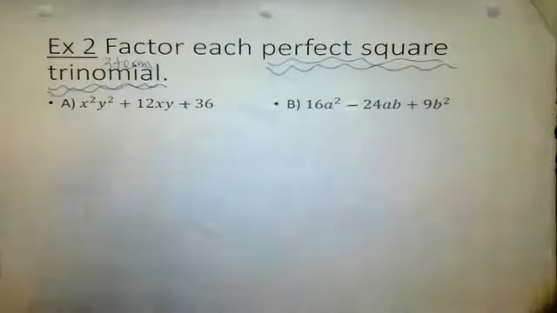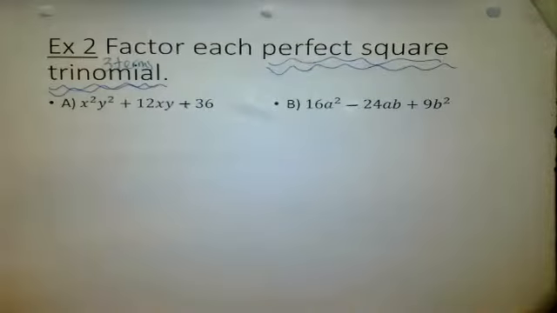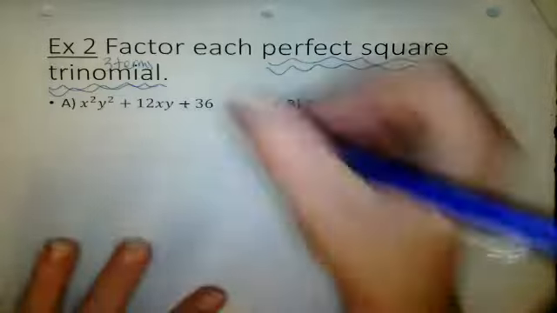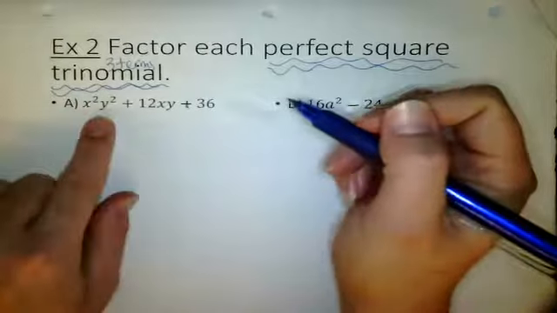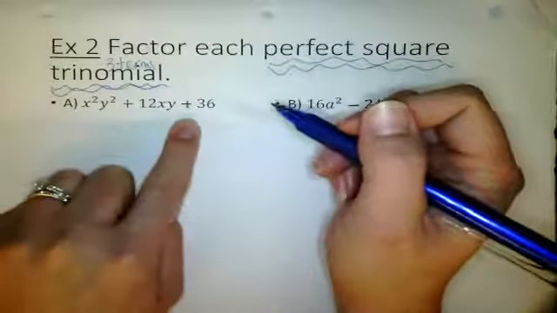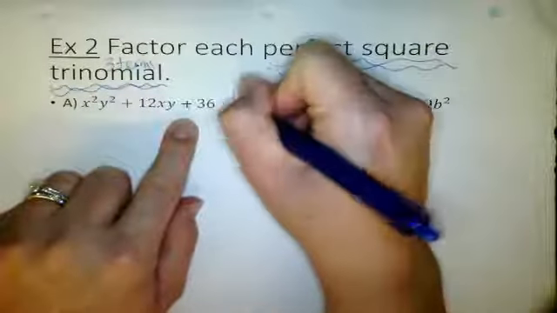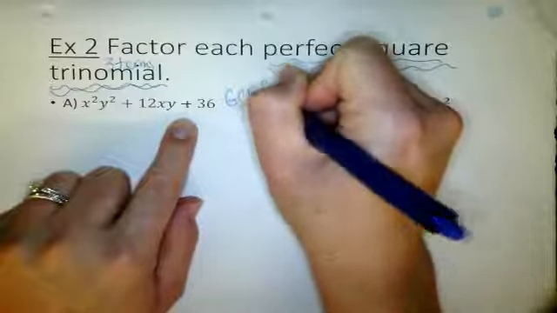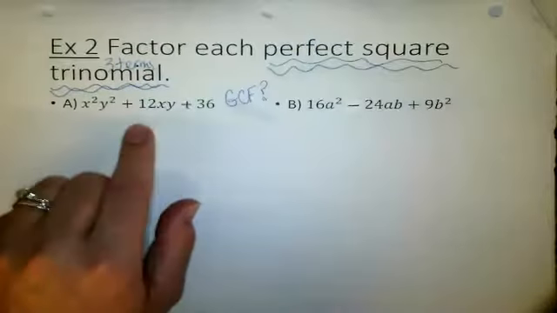The others had 2 terms. The perfect square trinomial, a perfect square is, again, very telling language. But it's a trinomial, and we can try to factor. The first thing I want to do here, we have x squared y squared plus 12xy plus 36. I want to look for a GCF. Is there a greatest common factor?